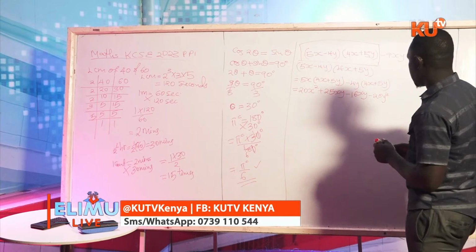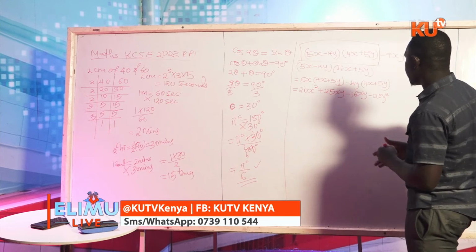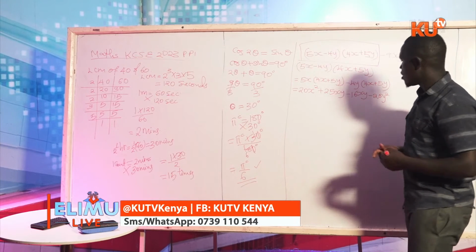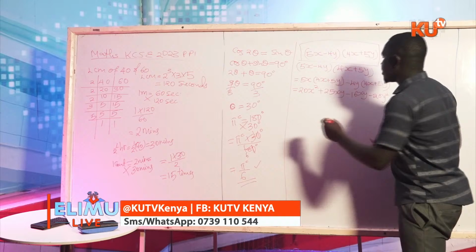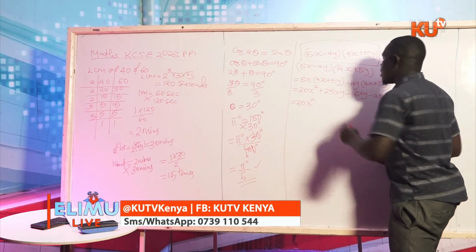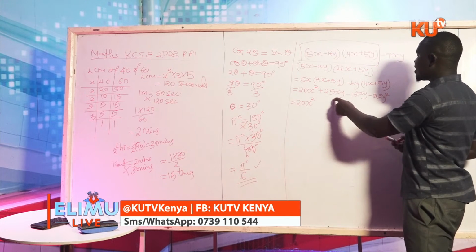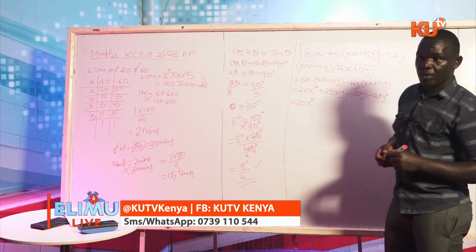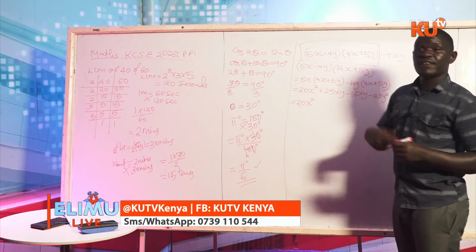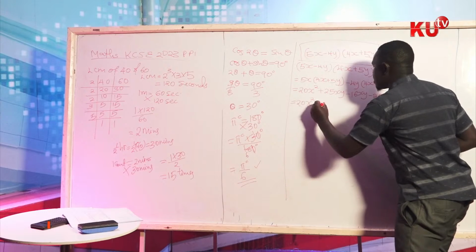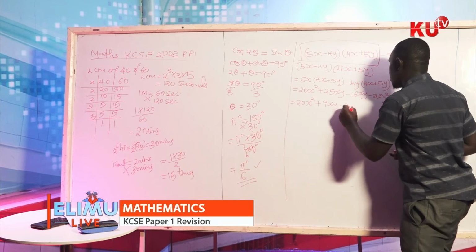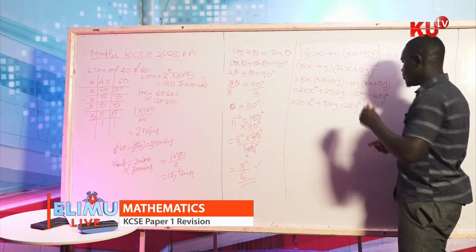Then you'll see that these 25xy and 16xy are like terms. Meaning this now becomes 20x squared, plus 25xy minus 16xy. What are you getting, dear students? Yes, it should be positive 9xy. So this is plus 9xy minus 20y squared.